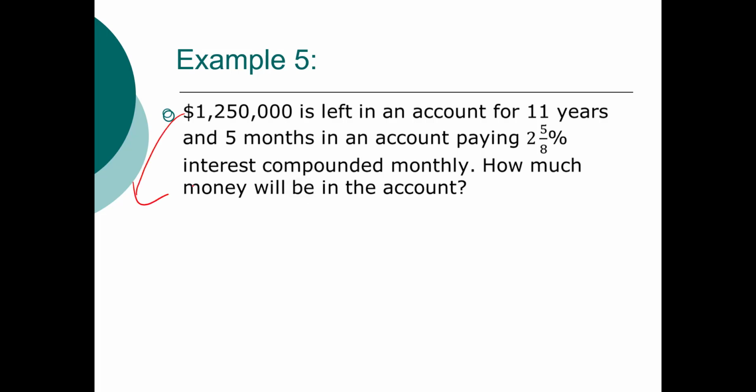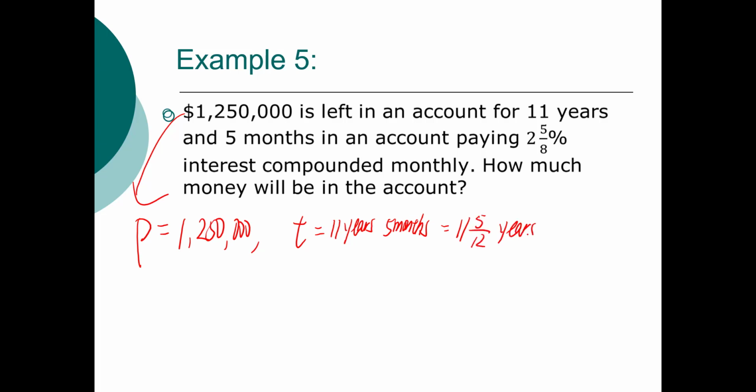This $1,250,000 is the principal, the initial investment, and the time is 11 years and 5 months. So this turns out to be 11 and 5 over 12 years. 5 months are 5 over 12 years.